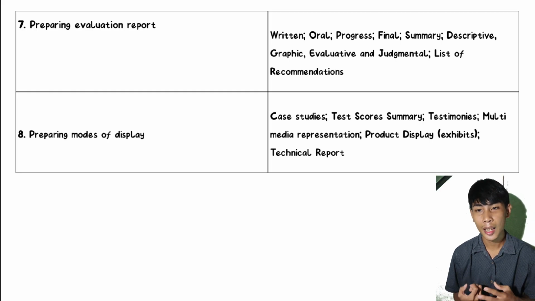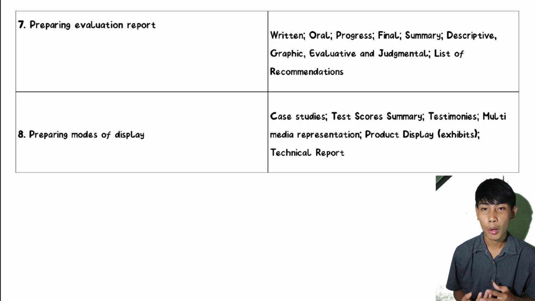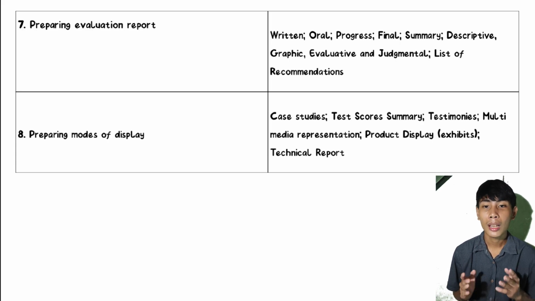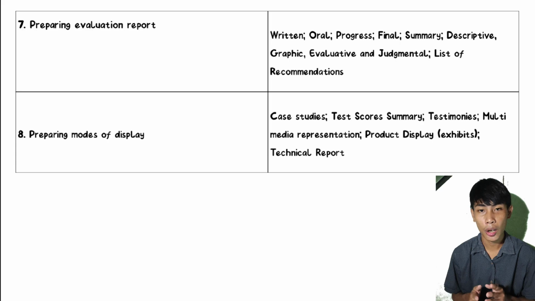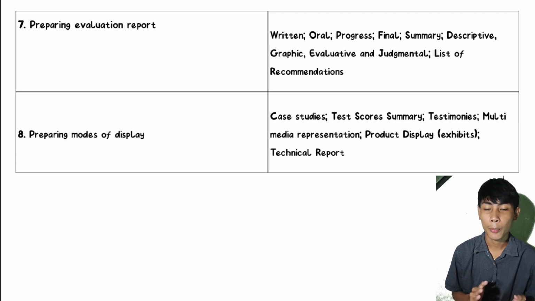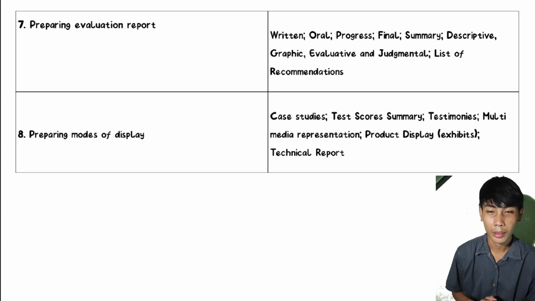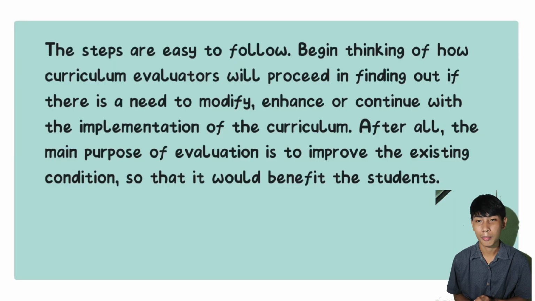For the last step, preparing modes of display. So what we need to consider? Here it is. Case studies, test course summary, testimonies, multimedia representation, product display like exhibits, technical report. Those are the steps.